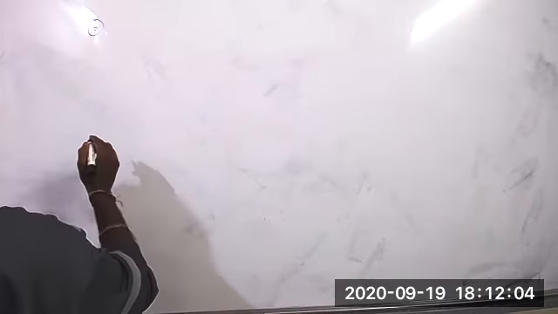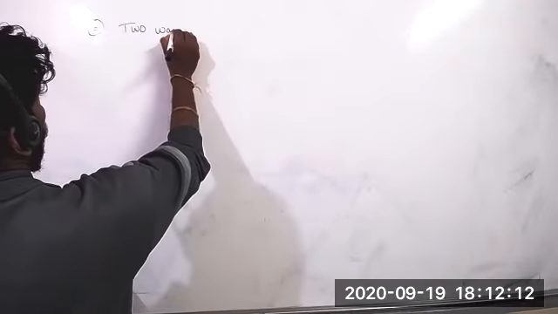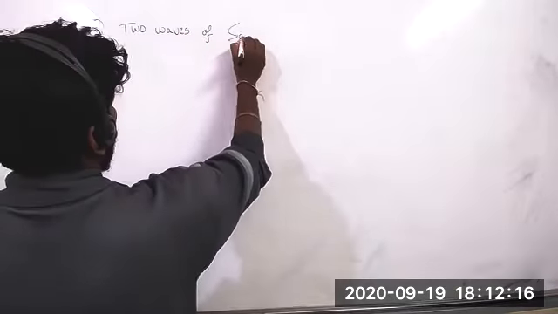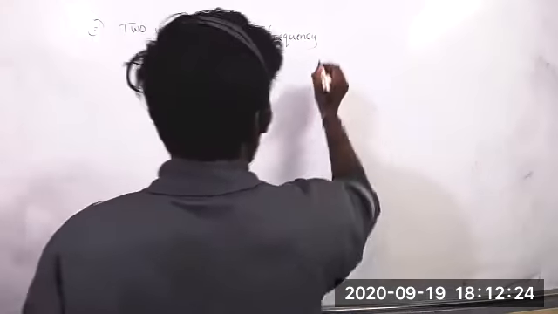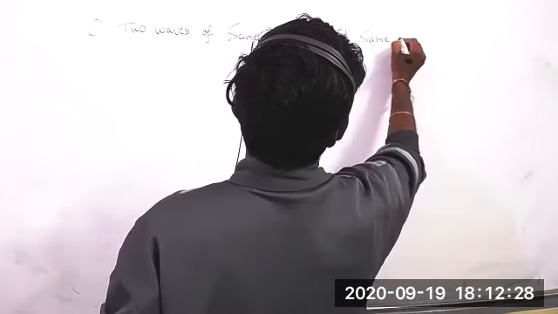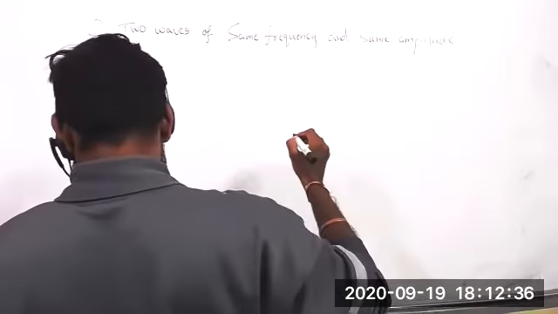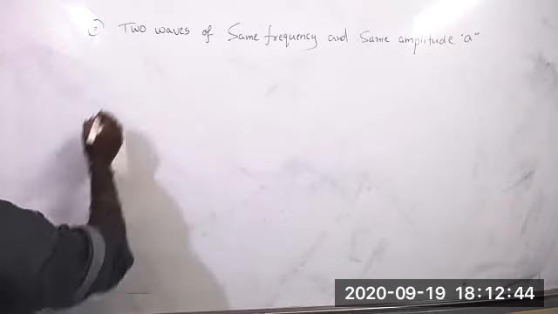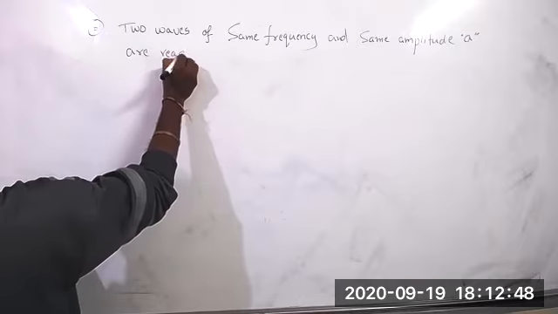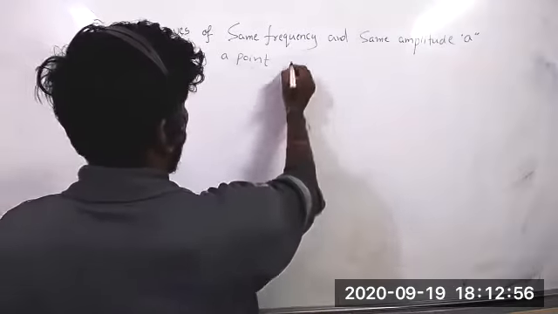One more question. Number 5. Two waves of same frequency and same amplitude A are reaching a point simultaneously.